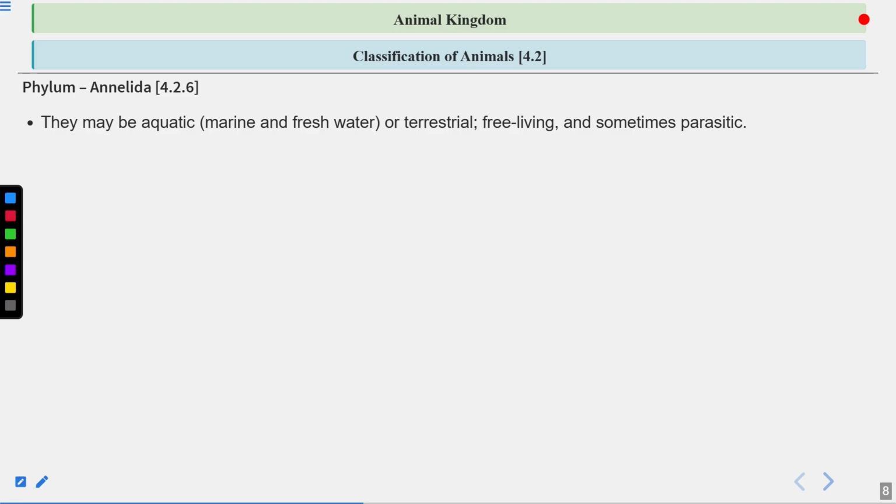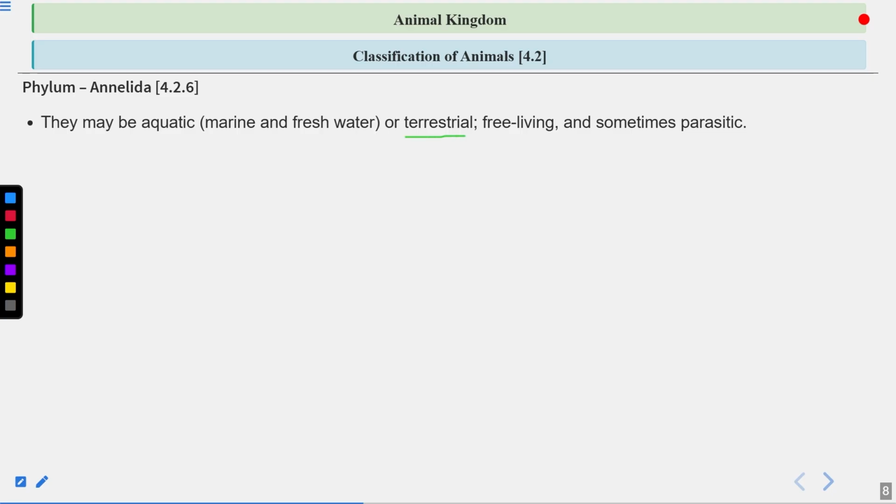We have already discussed what is meant by marine and freshwater. I am telling you again that when salt is dissolved in water, that is the marine environment. When the salt is not dissolved in water, that is freshwater. Ponds, lakes and rivers are examples of the freshwater ecosystem, and sea and ocean water are examples of marine. Now they could be terrestrial also.